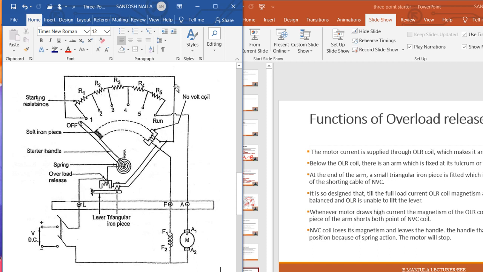When there is no power, the current will not flow in this NVC coil. So it will de-energize, and hence it will release the handle. So it is protected. Okay, so at that time, this is protecting.